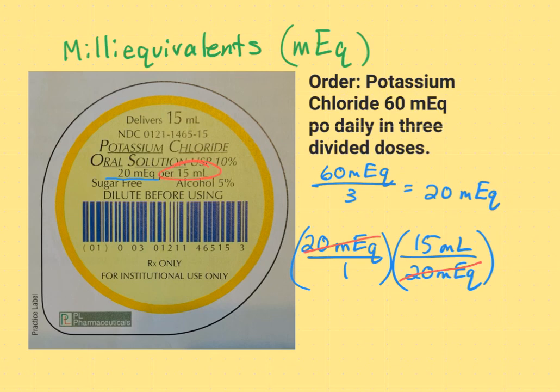If the patient needs 20 milliequivalents each dose, you're going to give 15 milliliters. And look, the container that goes with this label has 15 milliliters in it. So you would be providing the patient with one of these containers to drink every 8 hours.